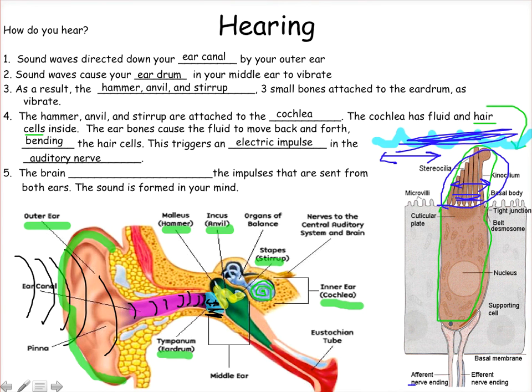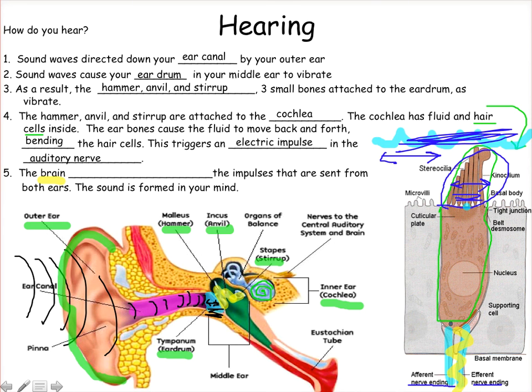Here, these nerves, I'll color them in blue, are attached to the hair cells, and as the processes on the cell move back and forth, it'll trigger an electric signal in these auditory nerves, and that electric signal will then go through the auditory nerves to the brain.